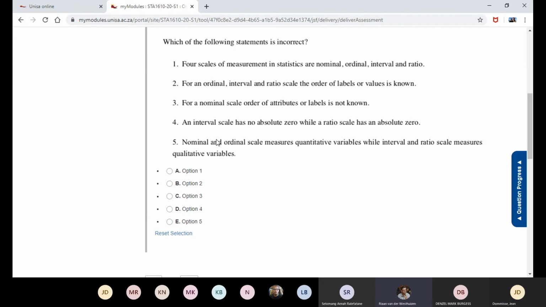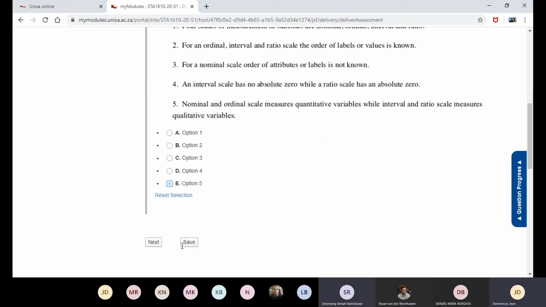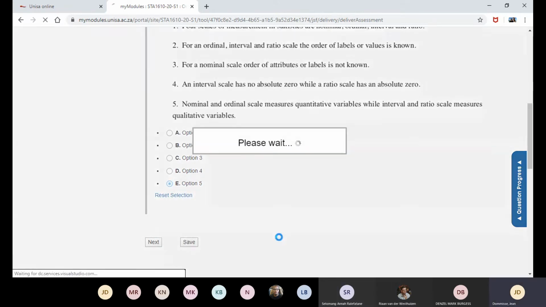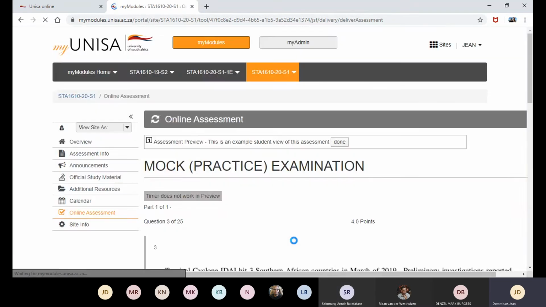For nominal, they say categories or labels, and if numbers are used, they have no numerical meaning. Okay, cool, so it is option 5. Let's go next. I want to see what happens if we say save or not save.